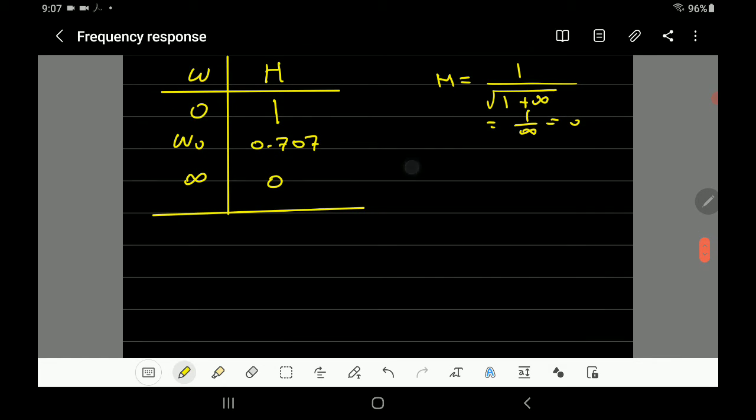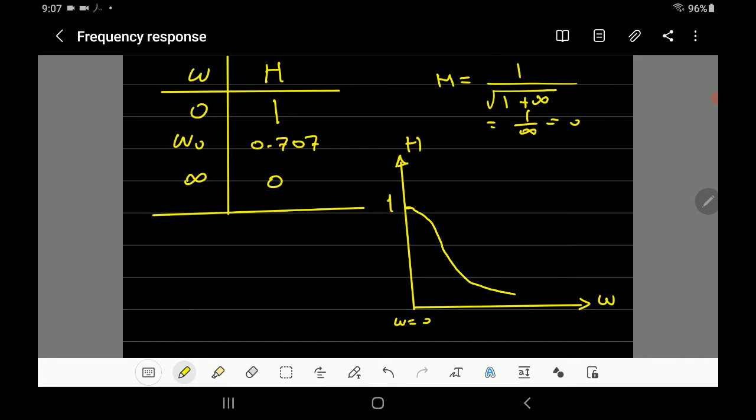Let's just sketch now the H magnitude against omega. So you have the y-axis, and the x-axis, which is omega, and here the magnitude H. It starts when omega equals 0, where the value is equal to 1. And it starts to decrease from 1, till it gets to 0 when omega goes toward infinity.